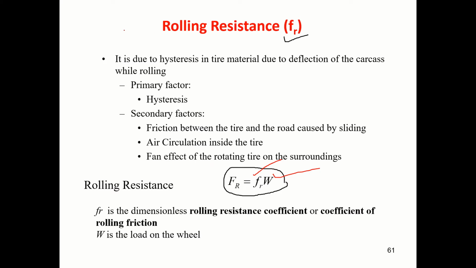So why does rolling resistance happen? It is due to hysteresis in the tire material, due to the deflection of the carcass while rolling. So mainly due to hysteresis.